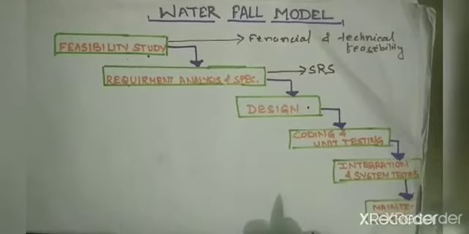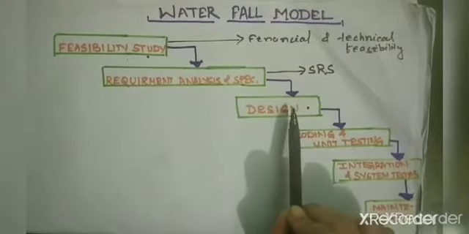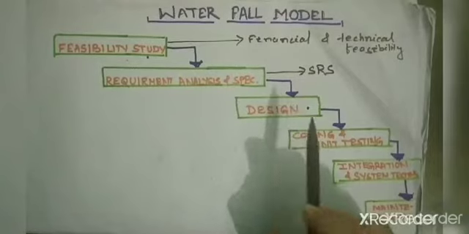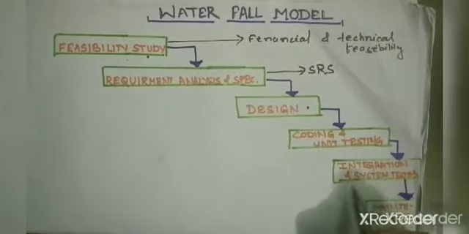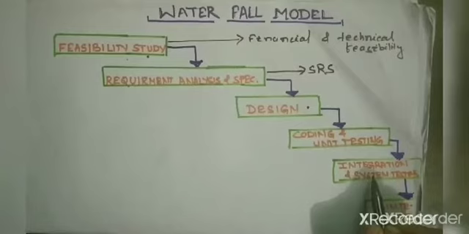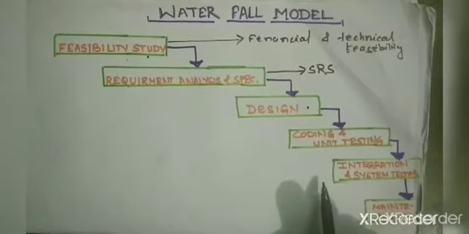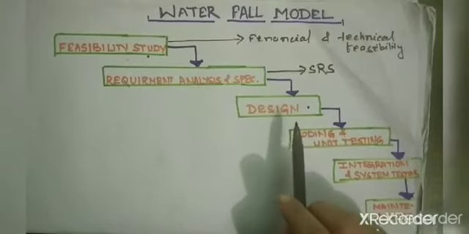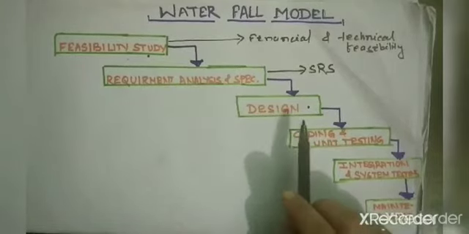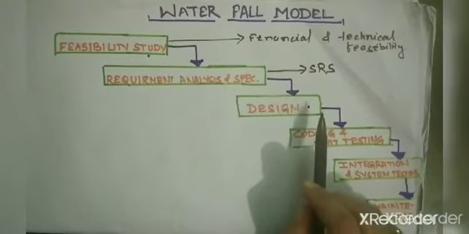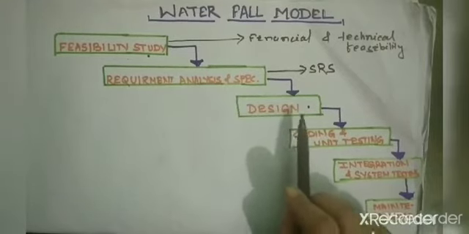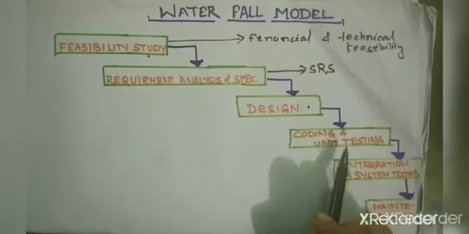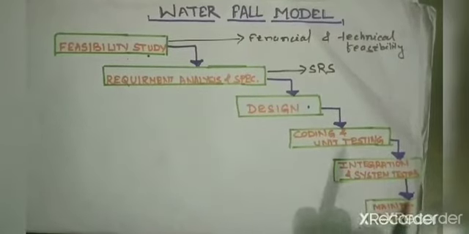If there is an error in the design phase that goes unnoticed and is noticed in integration and system testing, in the waterfall model we cannot go back to rectify that error. So the waterfall model says there will be no error, or the error will be rectified at the current stage. But in practice, it is impossible.